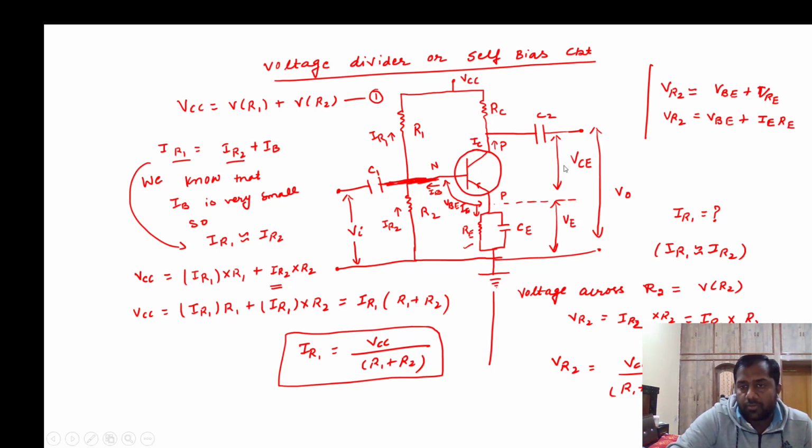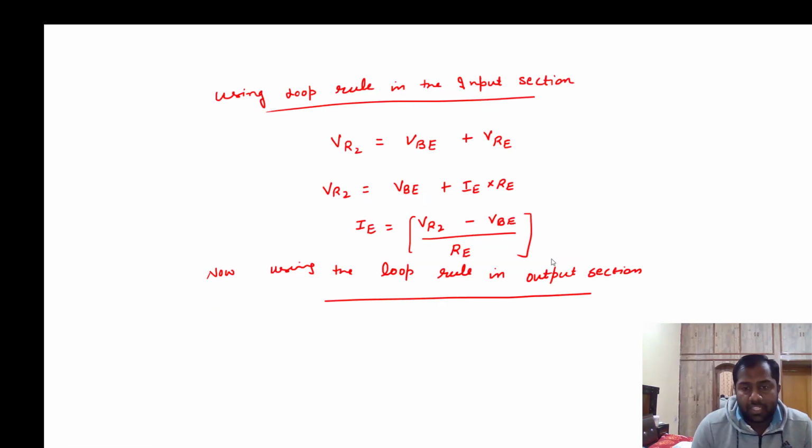And this potential is VCE between collector and emitter. And the voltage across the resistance RE is VE. So I'm writing the equation: VCC is equal to IC RC plus VCE plus the last component, VRE.